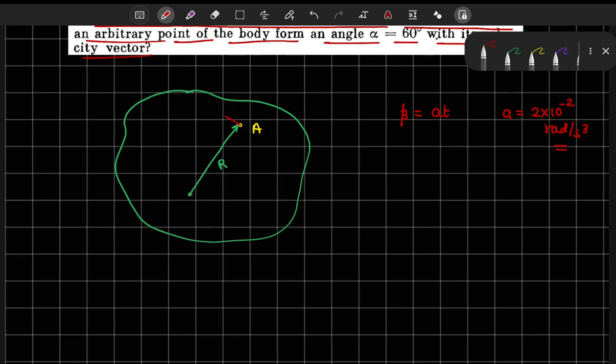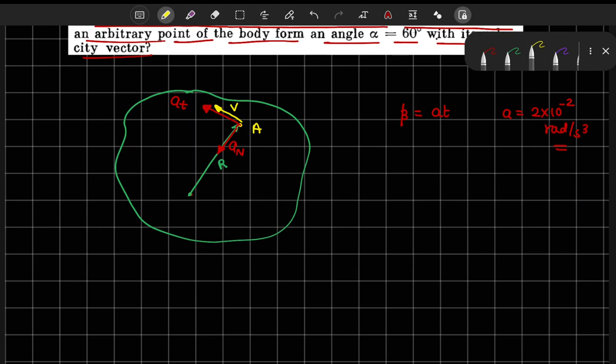One is in the tangential direction, perpendicular to this radius vector, let us denote it a_t, and another is the normal acceleration towards the axis of rotation, let us say a_n. The velocity vector will always be in the tangential direction. Let us say this is v, which is also perpendicular to the radius vector.